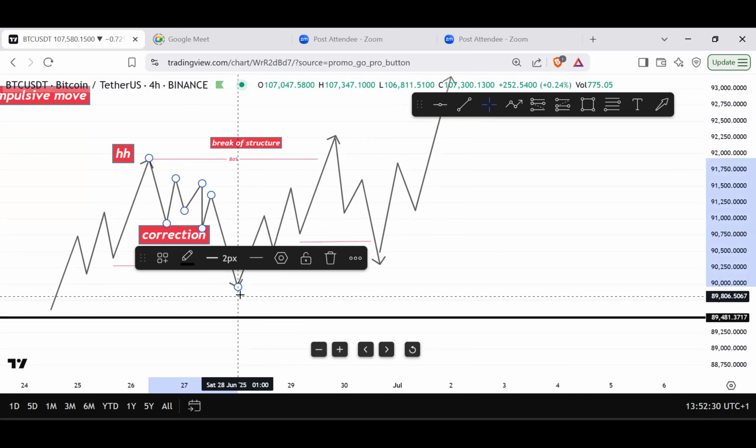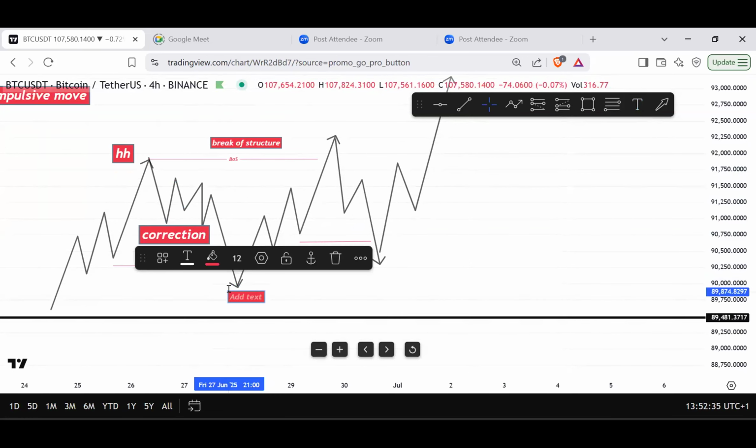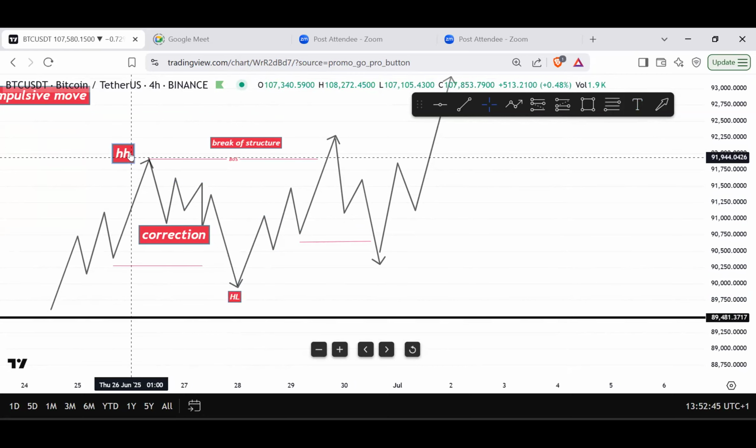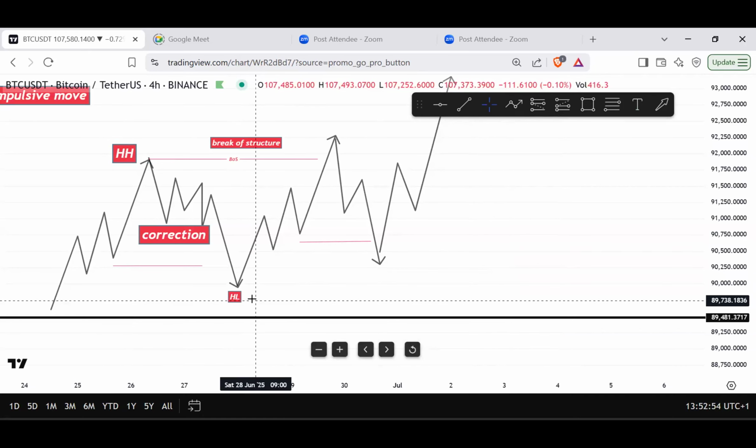So now that's where we put higher low. This is a higher low.